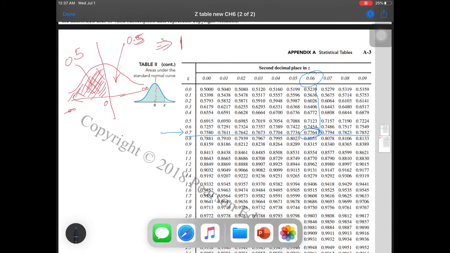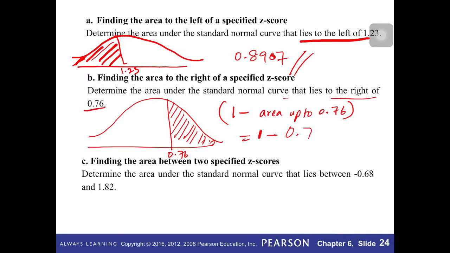So 1 minus this value, it becomes... no, I got it wrong. This is going to be 0.2236. Okay, so area is this much.